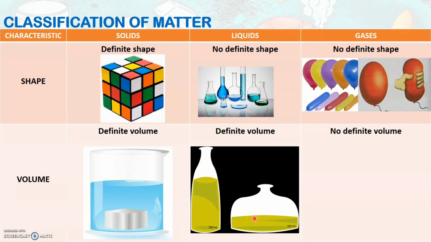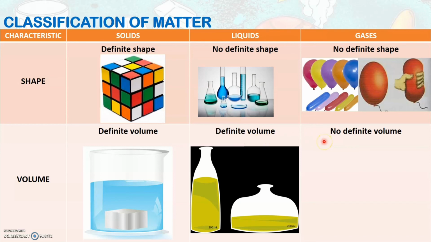As it gets transferred, we see that it is the same 200 ml that is there in this new container also. So we observe that only the shape of this liquid has changed, but the volume remains the same. So this shows that liquids also have a definite volume, which means they occupy a definite amount of space.